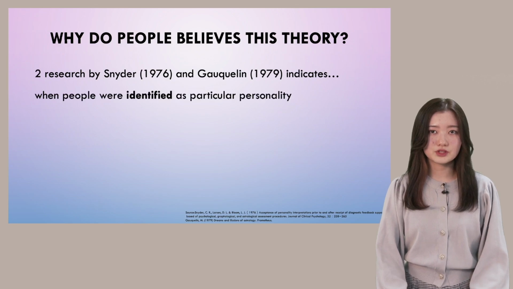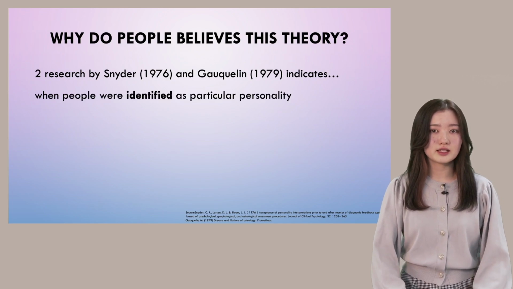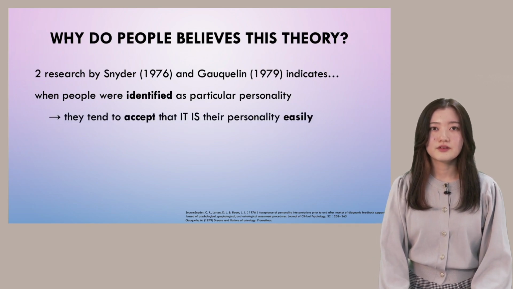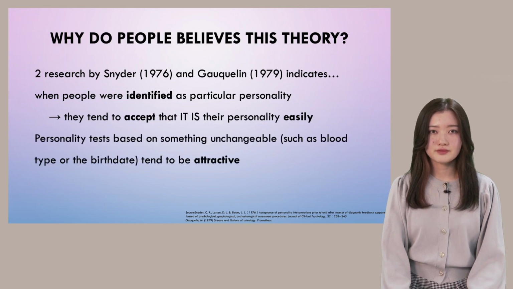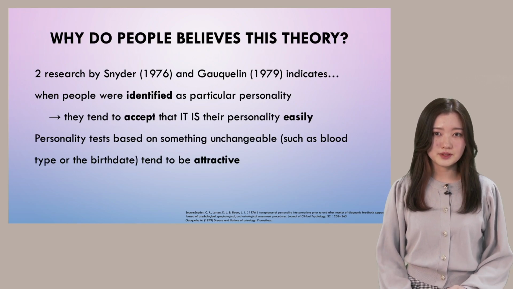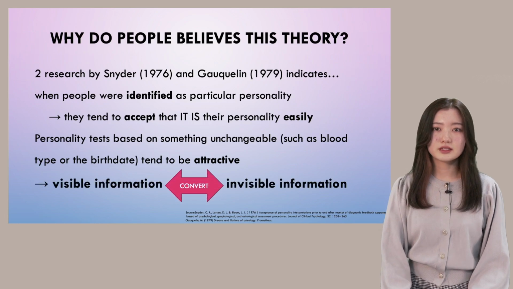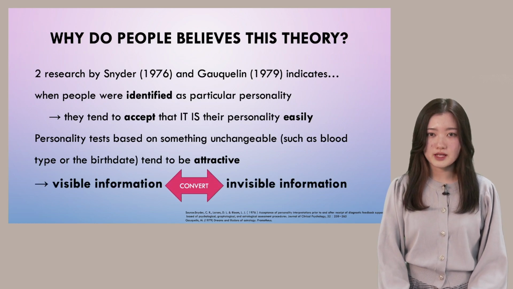According to some research, when people were identified as a particular personality, they tend to accept easily that it is their personality. Personality tests based on something unchangeable, such as blood type or birth date, tend to be attractive because people can convert invisible information into visible information.